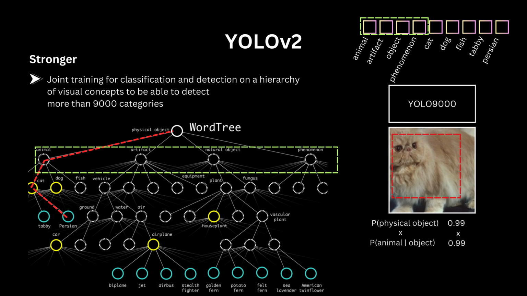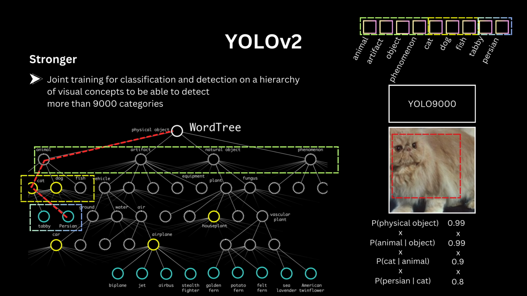We then multiply with cat class prediction, which will be cat class index probability after softmax on the cat dog fish group. And finally multiply with the ground truth class probability using the last group. This product will give us the probability of Persian cat for this box.